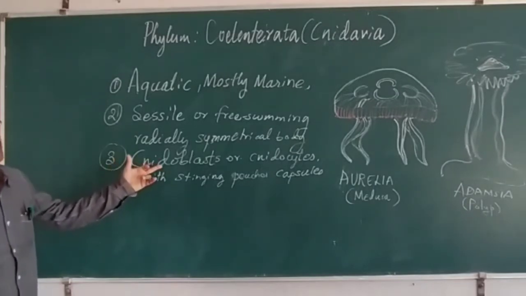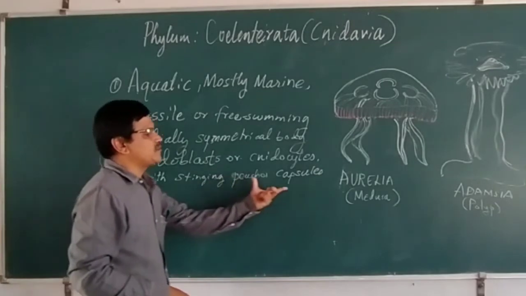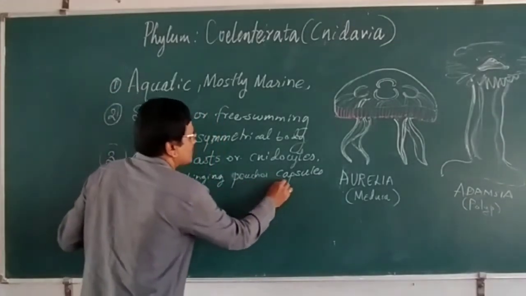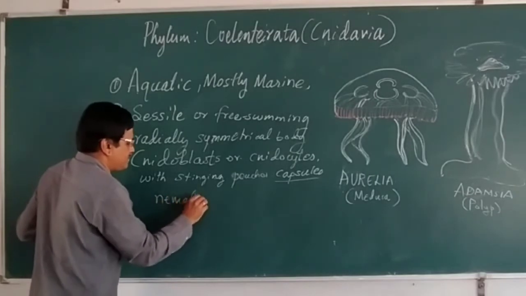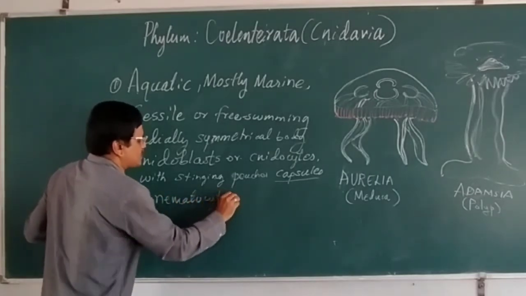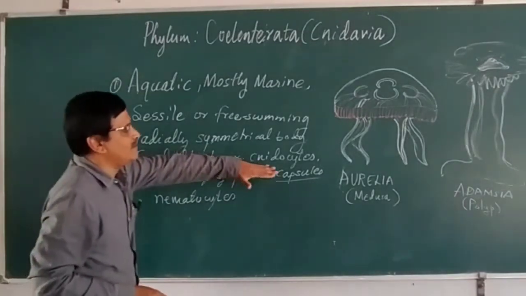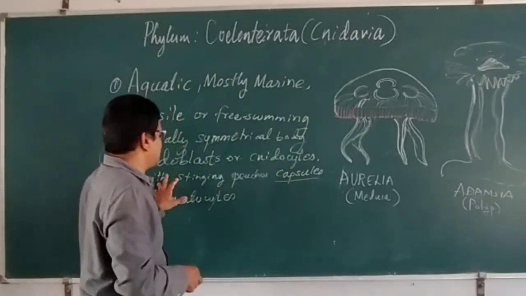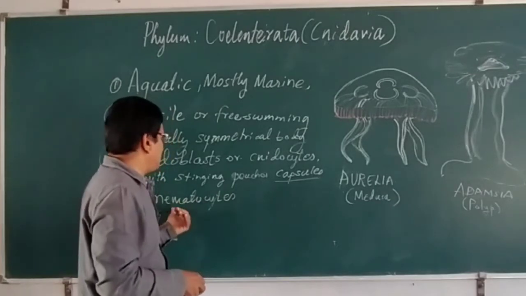So these cnidoblasts are the structure which contains stinging capsules, and these stinging capsules are also known as nematocysts. So cnidoblasts or cnidocytes are the cells which contain the stinging capsule, known as nematocysts.